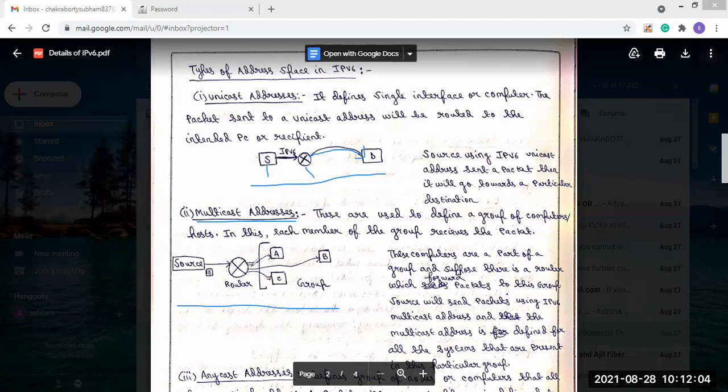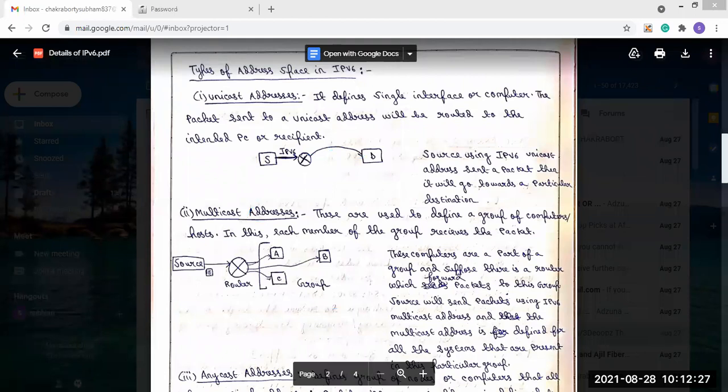That means the packet will be transferred to all the systems in the group. So this is the multicast address.